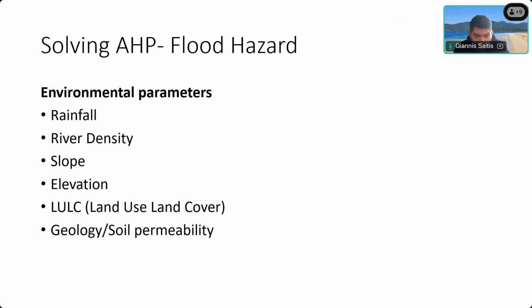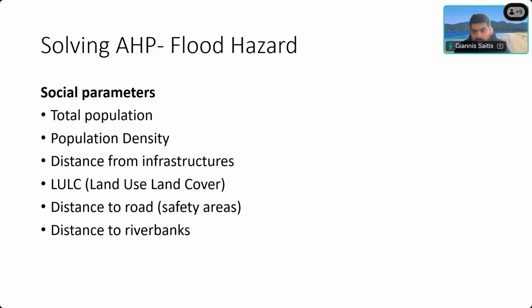But we also have another variable, which is the social parameter. It depends on the total population. If you have few people, the hazard is less. If you have many people, the hazard is higher. Then the population density, where these people are concentrated, and the distance of the infrastructure.